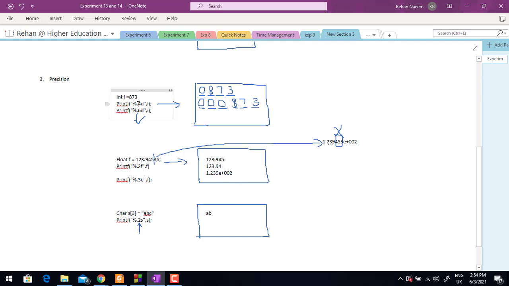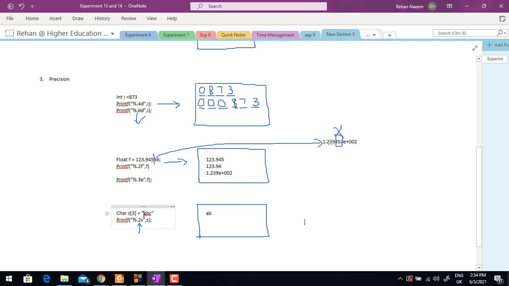So this precision number behaves differently or does different things on different data types. For integer, it will place zeros at the beginning of the integer. For floating number, it will consider only some number of digits after the decimal point.